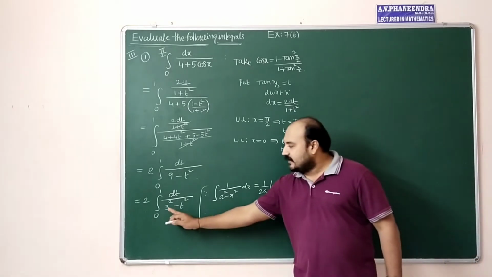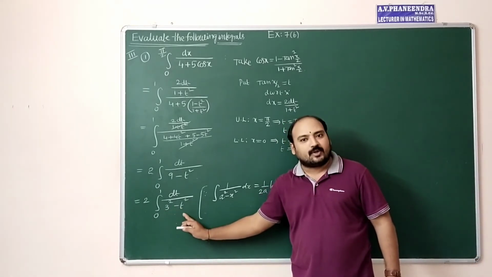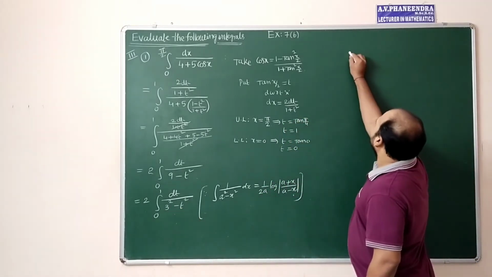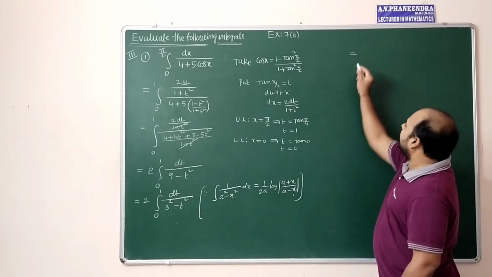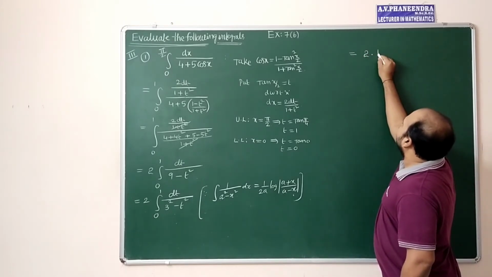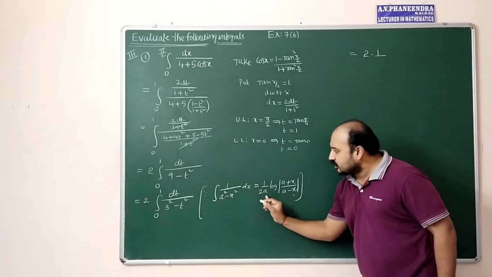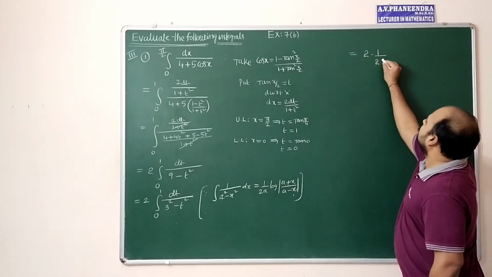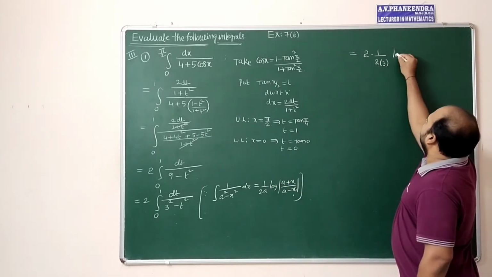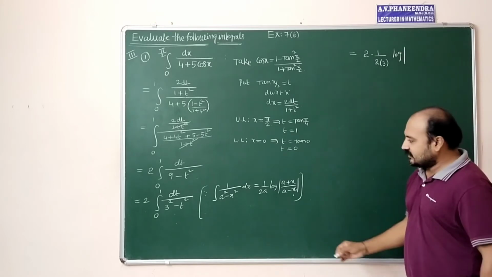So here a equal to 3, x is equal to t. Now 2 is already there, into 1 by 2a, so 2 into 2 into 3 log mod a plus x by a minus x.